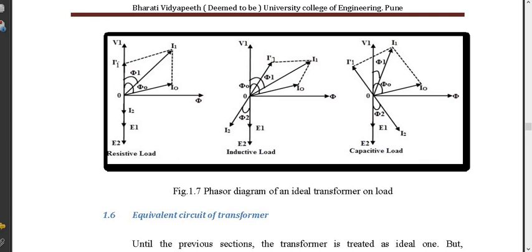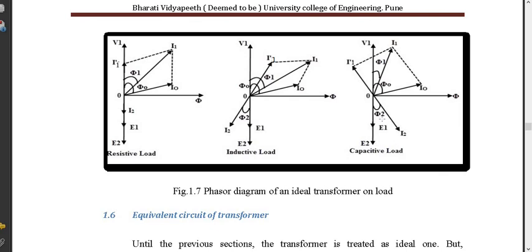One more thing: the angle between V1 and I1 is phi 1, the angle between E2 and I2 is phi 2, and the angle between V1 and I0 is phi 0.